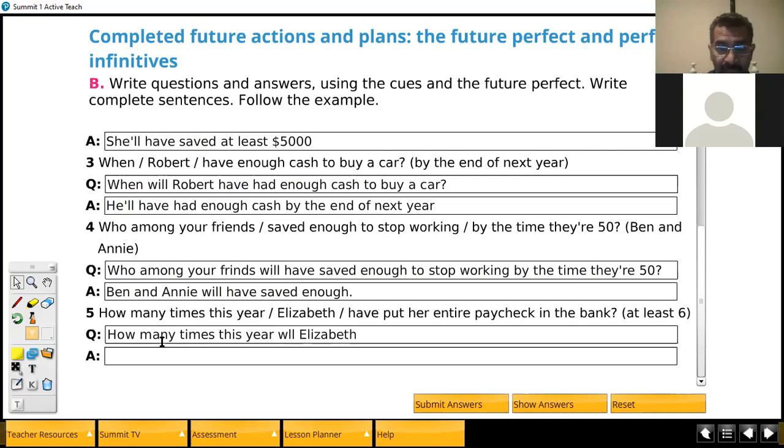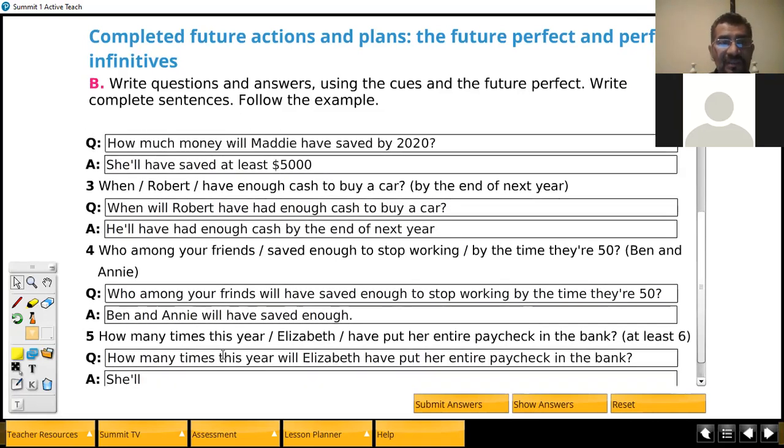Yes, I hadn't noticed that Elizabeth have put her entire paycheck in the bank. Okay, how many times this year will Elizabeth have put her entire paycheck in the bank?